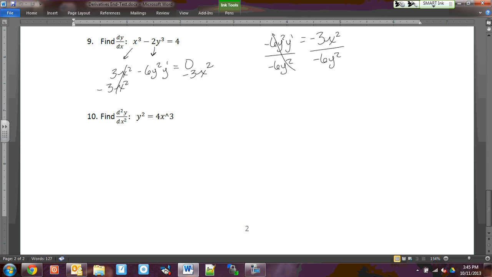That cancels that, leaving us y prime equals, that would be plus, that would go away, this would become a 2 over... So I'm going to write over here actually. Y prime equals x squared over 2y squared. That is your answer.